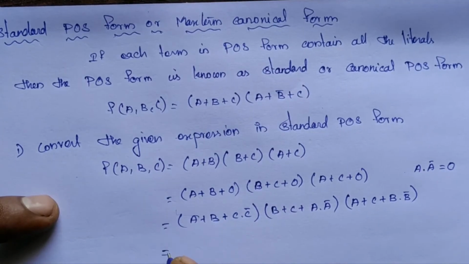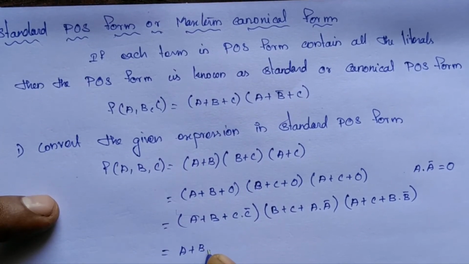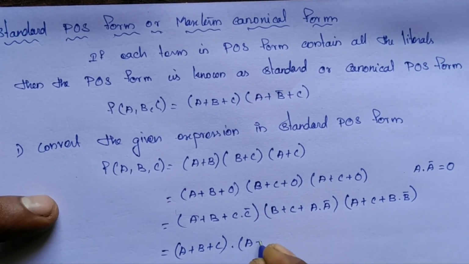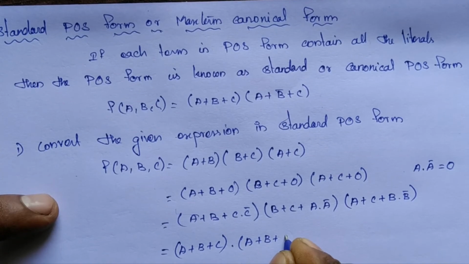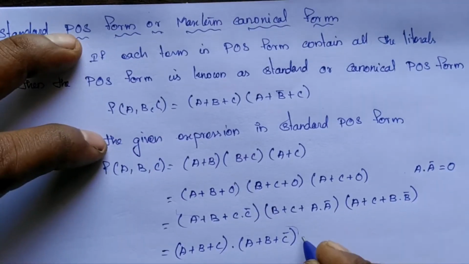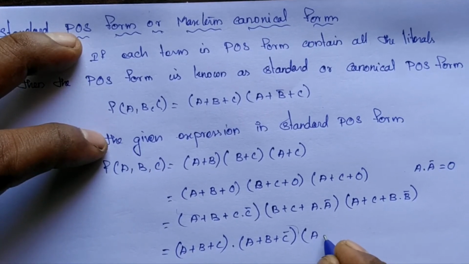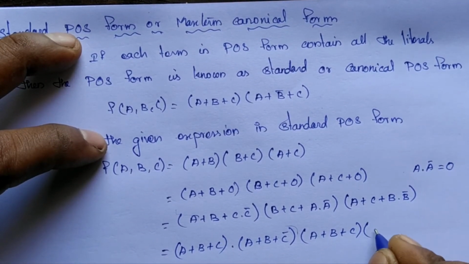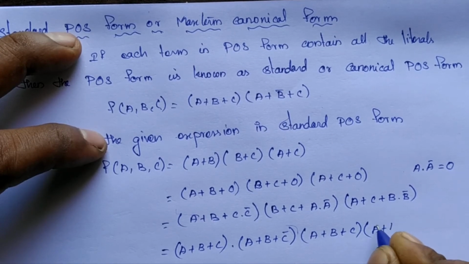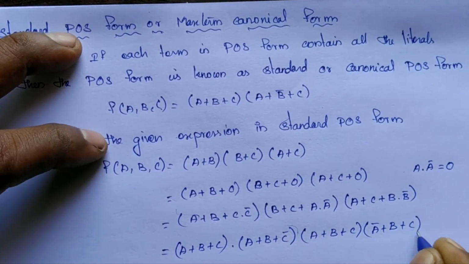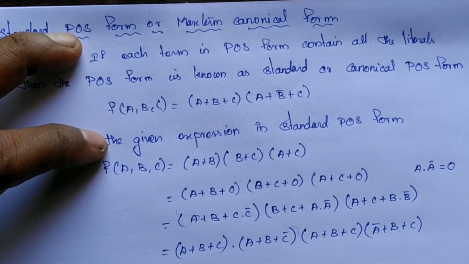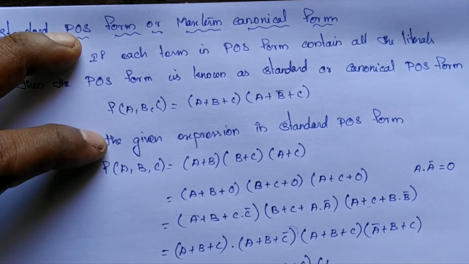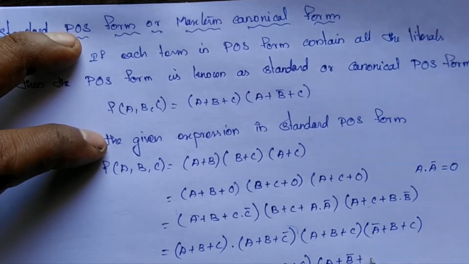Therefore here we will get the term as a plus b plus c dot a plus b plus c bar. Likewise we will get a plus b plus c into a plus a bar plus b plus c. Likewise the next term is a plus b plus c, again a plus b bar plus c.